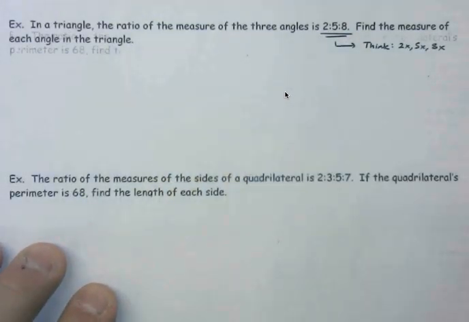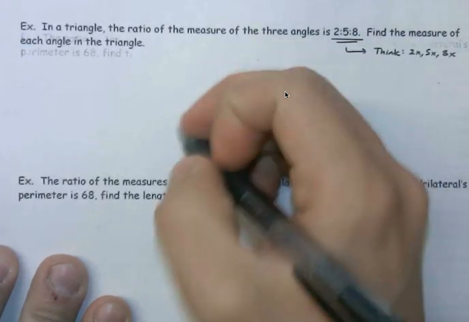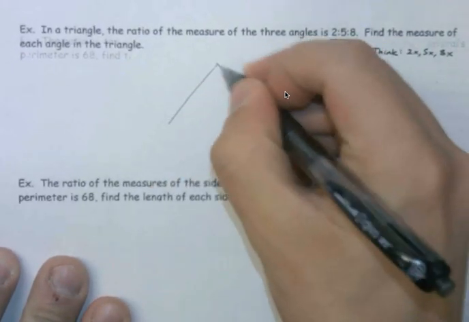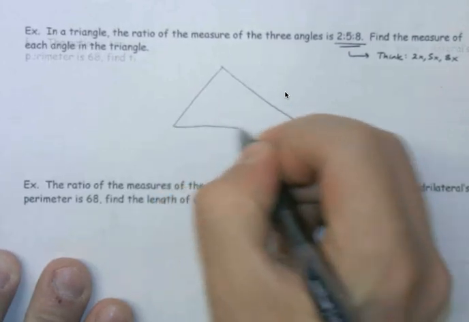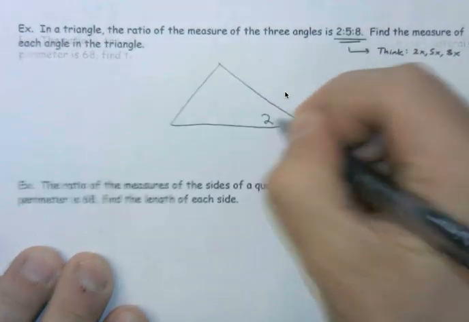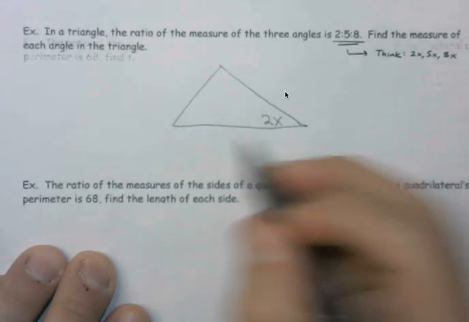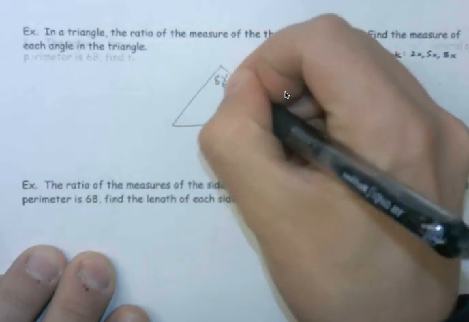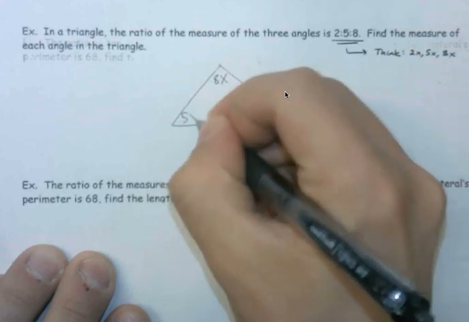Well, I'm a visual learner. I don't know about you, but I'm going to draw this out. It doesn't have to be super crazy. But let's say that this would be the 2x. This side's the biggest, so let's put 8x here, 5x here.